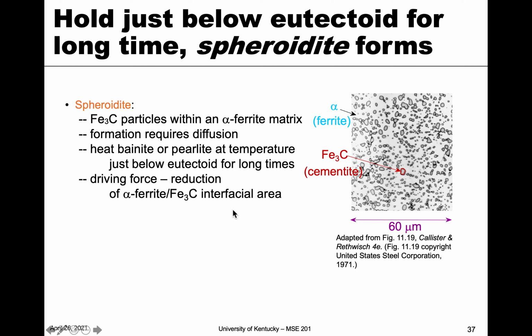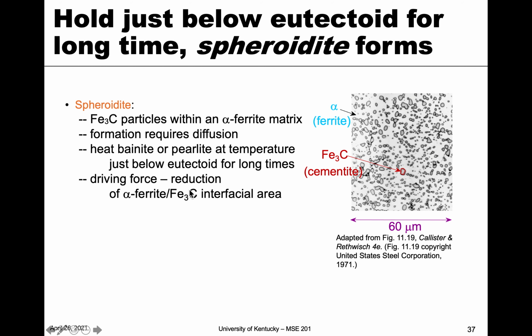And so these particles will transform into what we call spheroidite. And as the name might imply, it's referring to spherical particles. And we're specifically talking about roughly spherical particles of cementite in a matrix of the lighter phase, which is ferrite. So basically, spheroidite, because we have a sphere, is the lowest amount of interfacial energy between those two species, right?